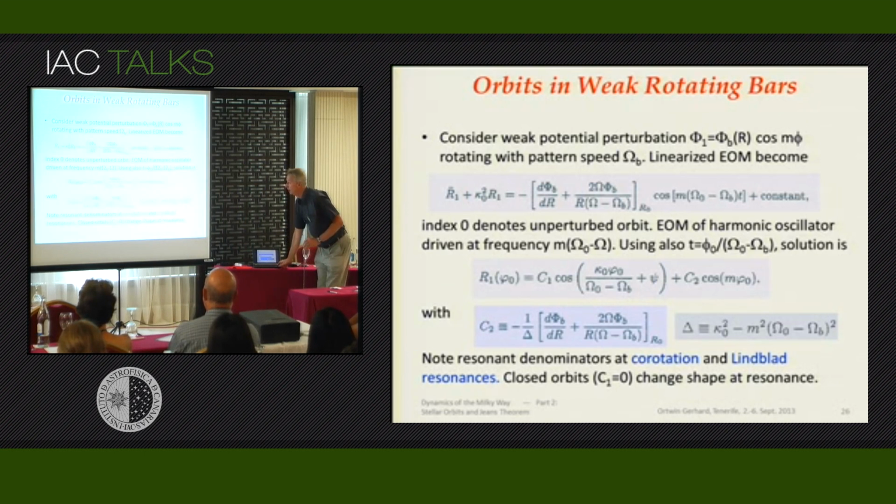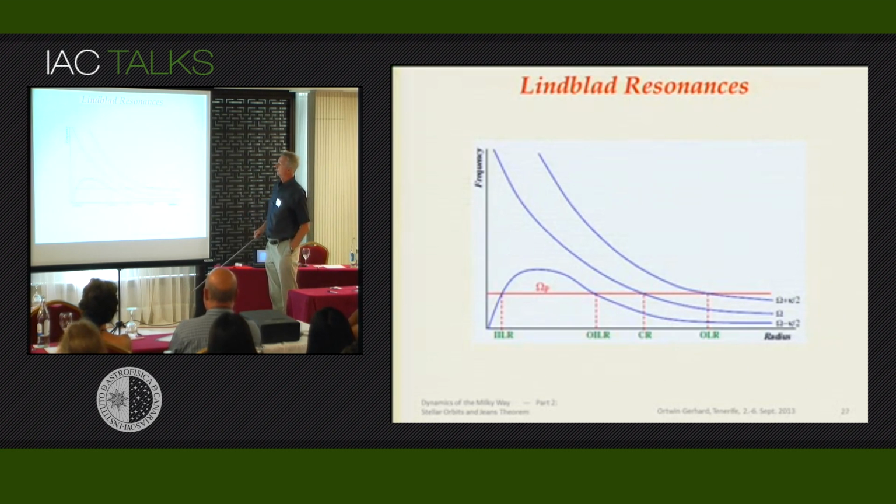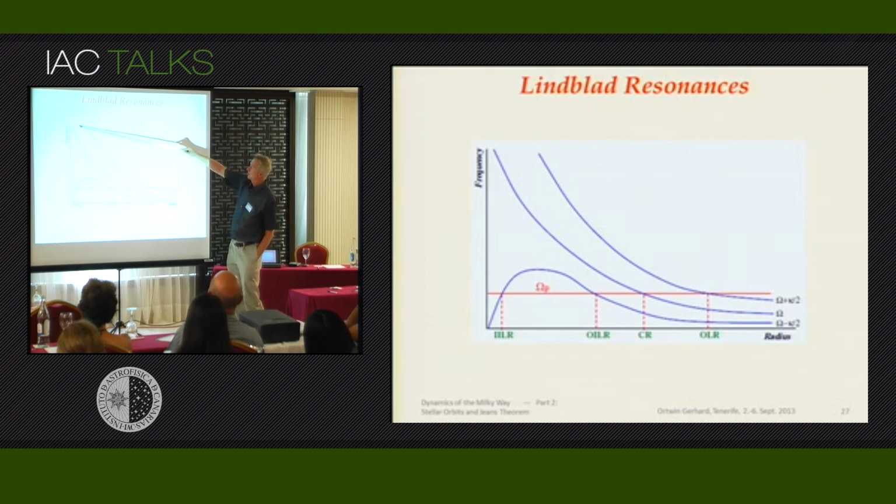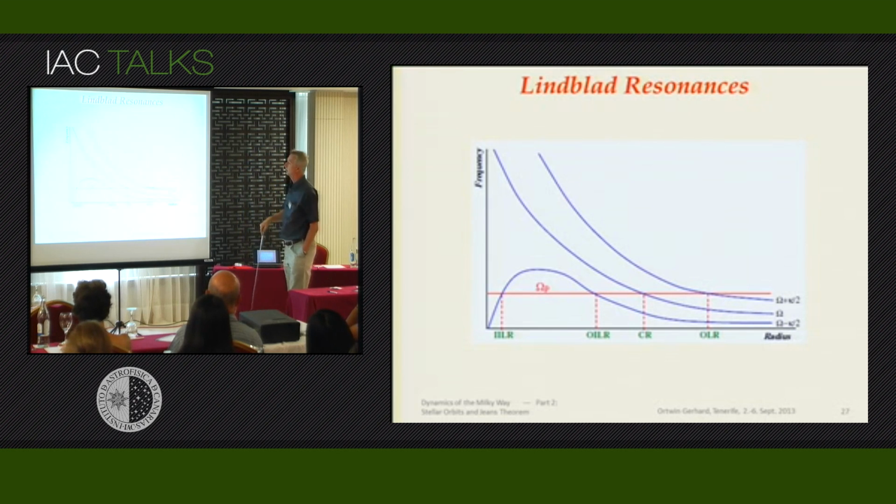Now these resonant denominators mean that your analysis isn't going to be valid anymore, and that's something that just happens because we did this linear perturbation theory, but it is more generally relevant in the following sense. Let's look at the Lindblad resonance and the co-rotation resonance first. So here's a plot of angular frequency versus radius for a typical mass distribution that we might have in a galaxy.